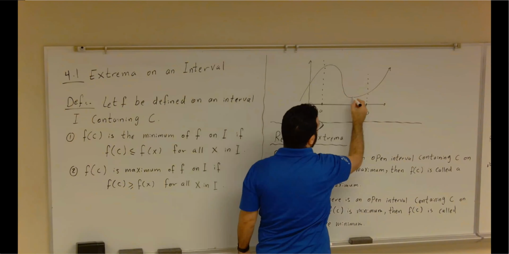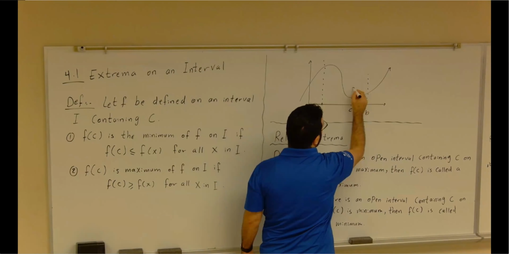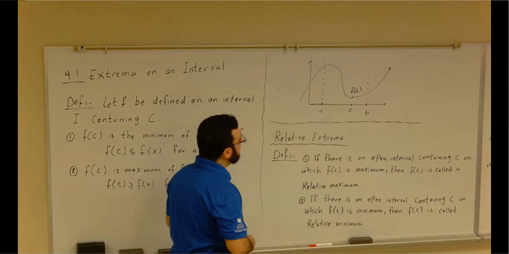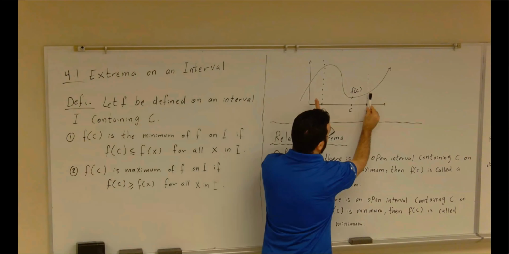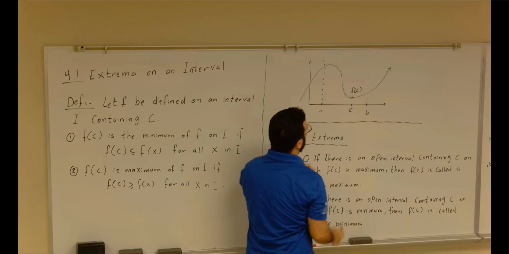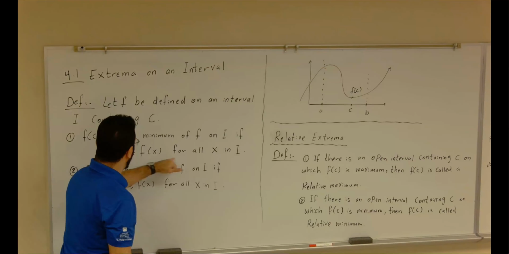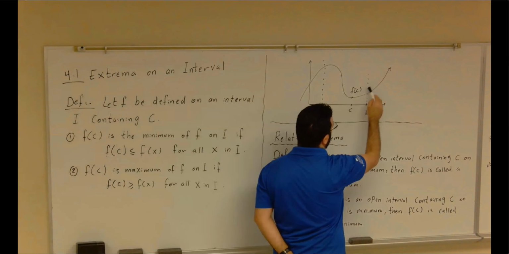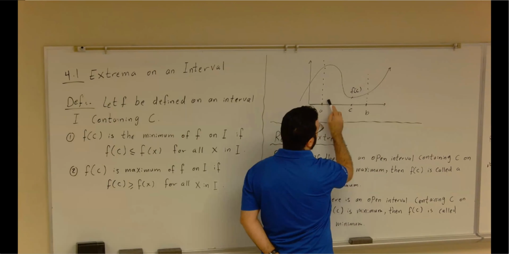If this is the point C, this here is going to be f(c). Now, f(c), I'm talking about only this interval. C between the interval A and B, f(c) is called the minimum point. Why? Because it's the minimum point between the interval A and B.